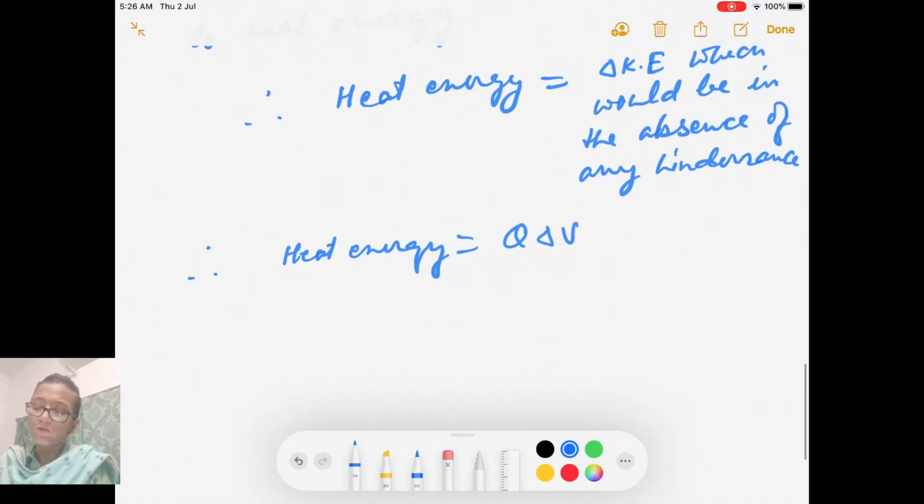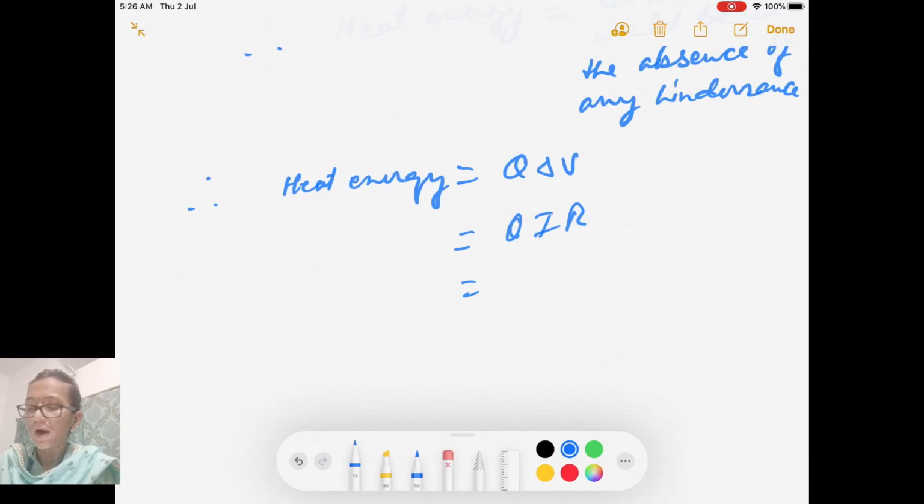And you can also say, if you convert the form, this is equal to Q into V, and in place of V you can write I into R, and in place of Q, charge, you know that charge is equal to IT. So IT into IR, and this is equal to I square RT.